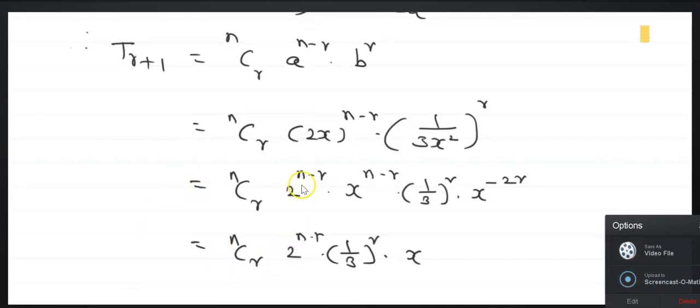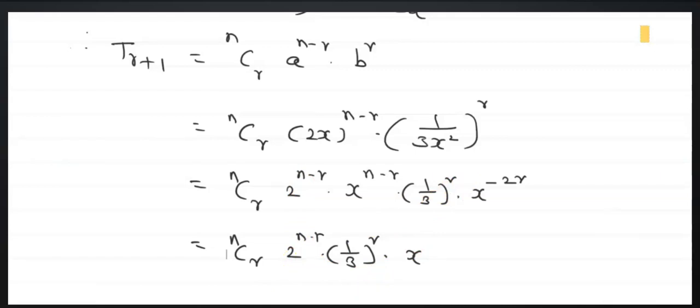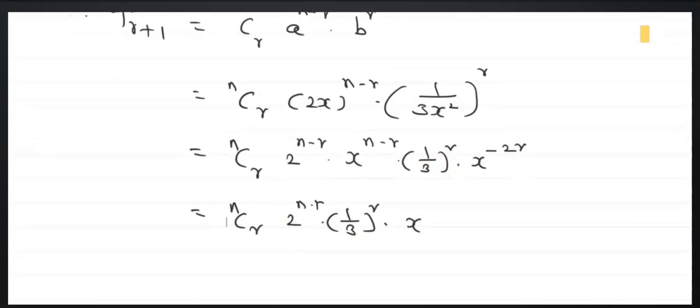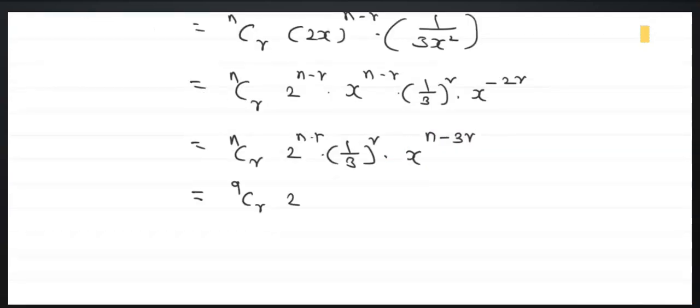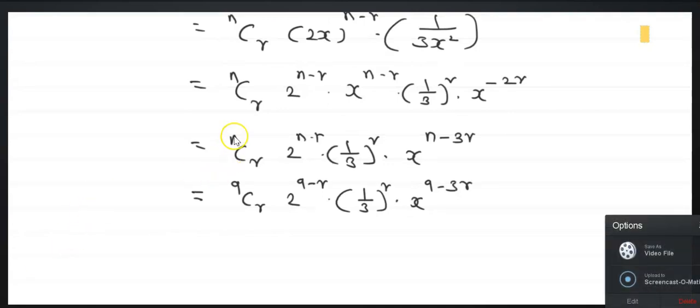Again see this: nCr 2^(n minus r) (1/3)^r. Now x^(n minus r) and minus 2r, therefore x^(n minus 3r). Replace n equals 9. Therefore 9Cr 2^(9 minus r) (1/3)^r x^(9 minus 3r).